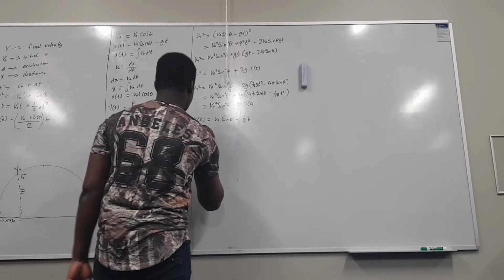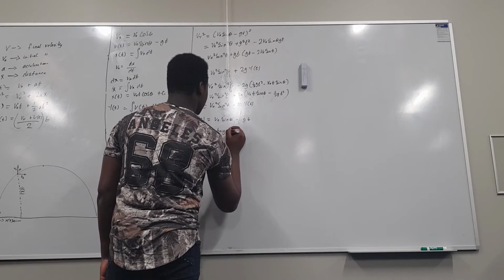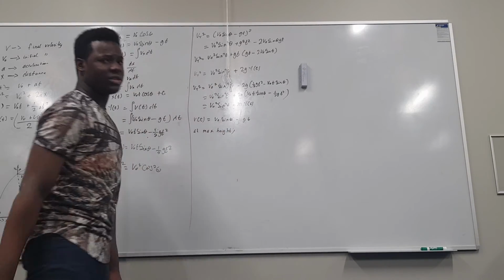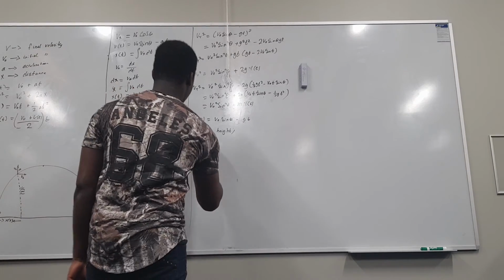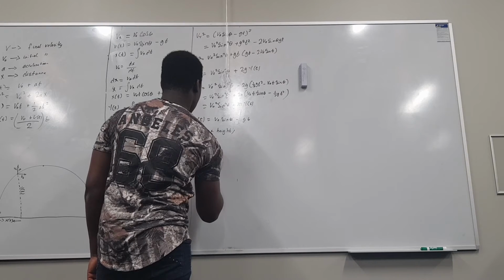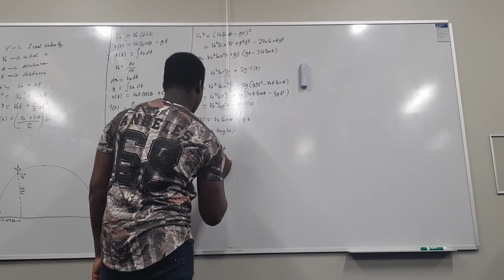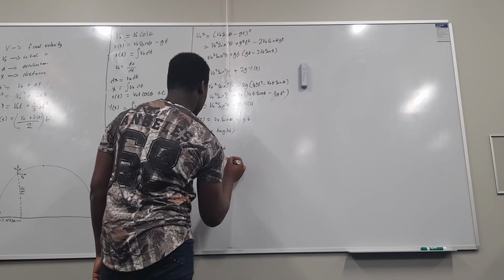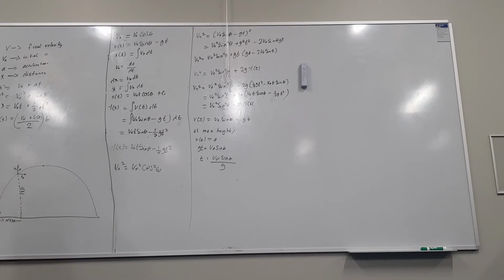So at max height, v of t equals 0. Hence gt is equal to v naught sine theta, and t is equal to v naught sine theta divided by g, which is the time taken to reach maximum height.